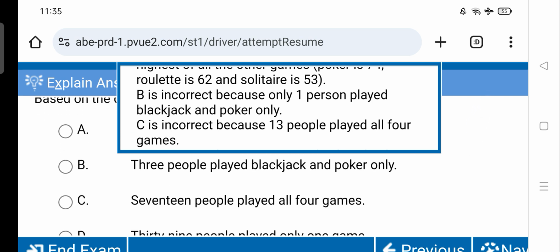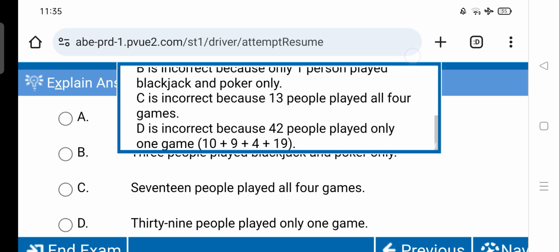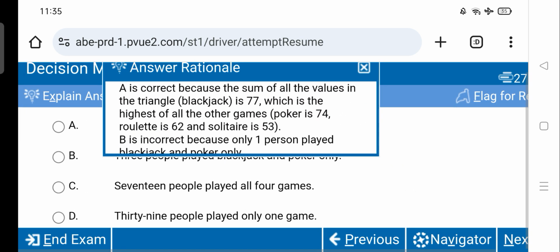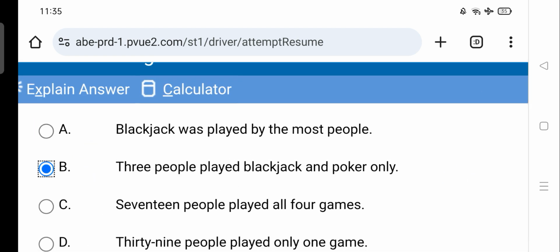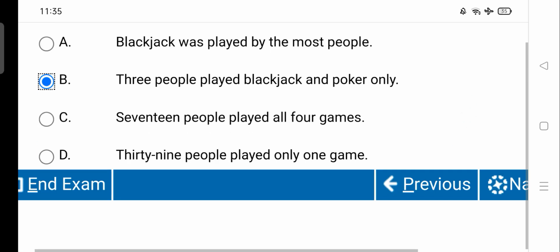C is incorrect because 13 people played all 4 games. And D is incorrect because 42 people played only one game. That is 10 plus 9 plus 4 plus 19. So that's how we can say the correct option is option A, that is blackjack was played by the most people.